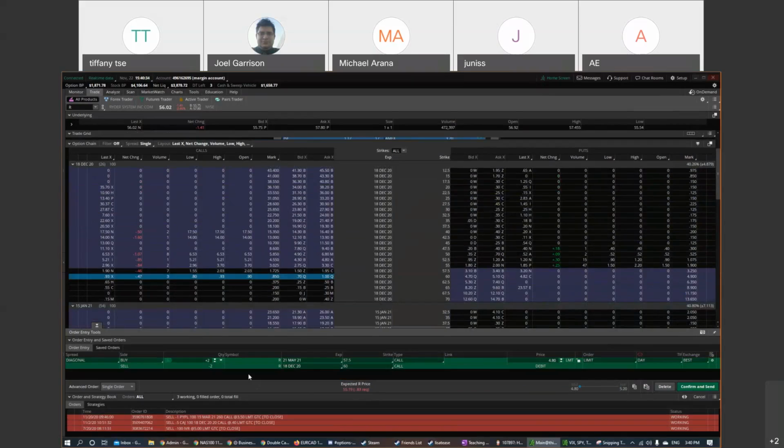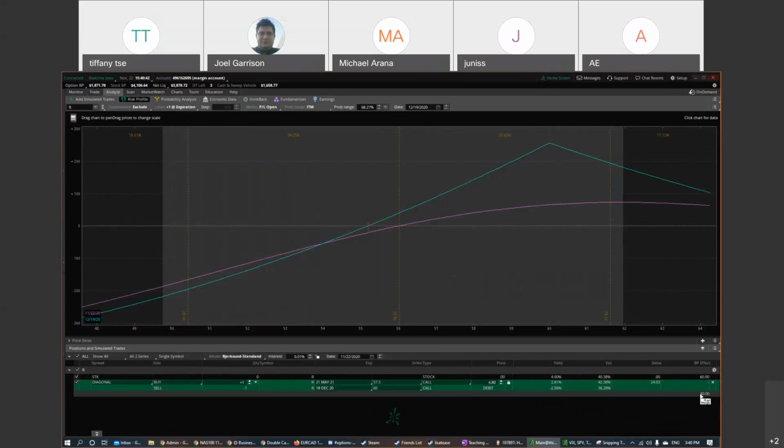Basically, this would be a diagonal, but notice that I don't have to pay any upfront collateral for this one, because I'm already in the money. All I have to do is keep collecting profits. So that's what you should keep doing.